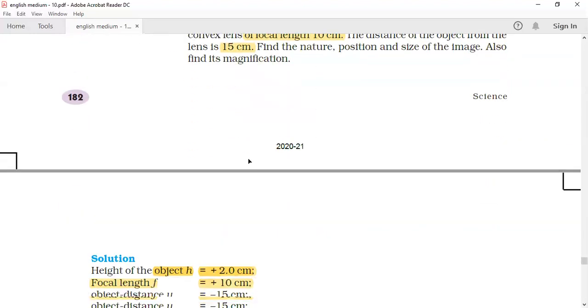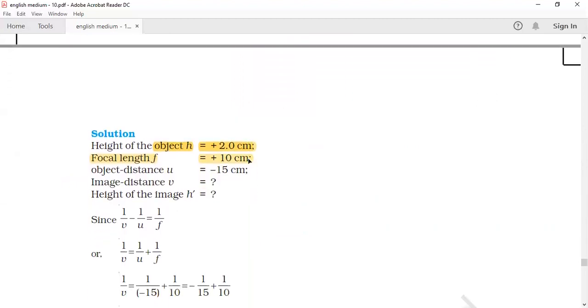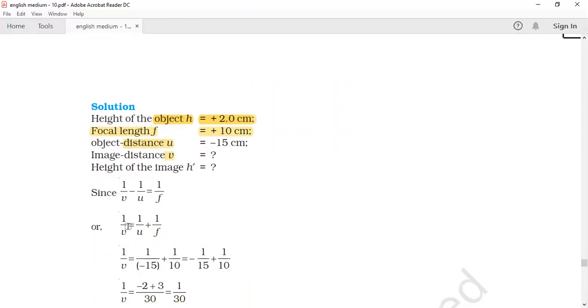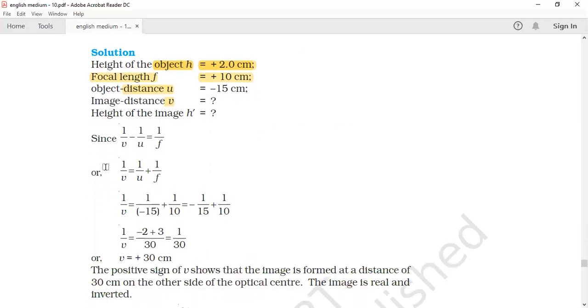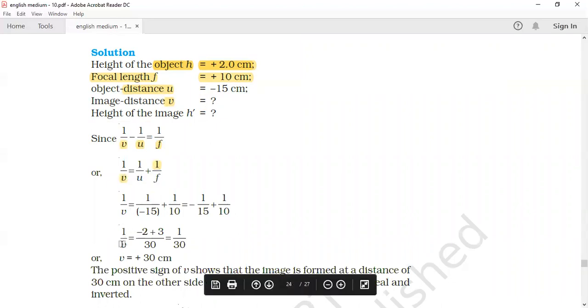Okay friends, so we have three values: height, focal length, and the object distance u. So we found the value v. We have a lens formula here, and after putting all the values, definitely we have value v, it is plus 30 centimeter.